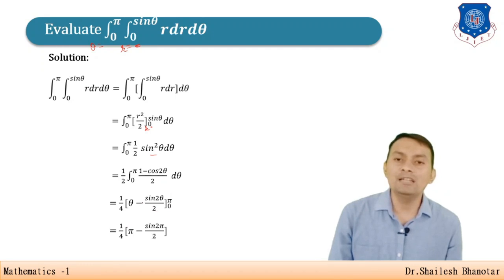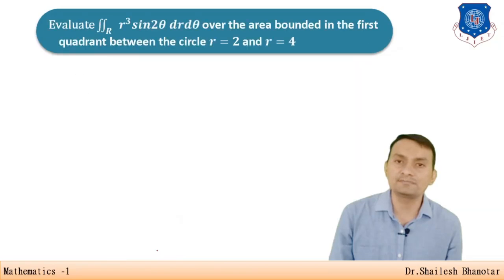When you put the upper limit, you get pi minus sine 2 pi divided by 2, and when you put theta equal to 0, you get 0 minus sine 0, which is 0. Since sine 2 pi is 0, you will get pi by 4, and that is your final answer.